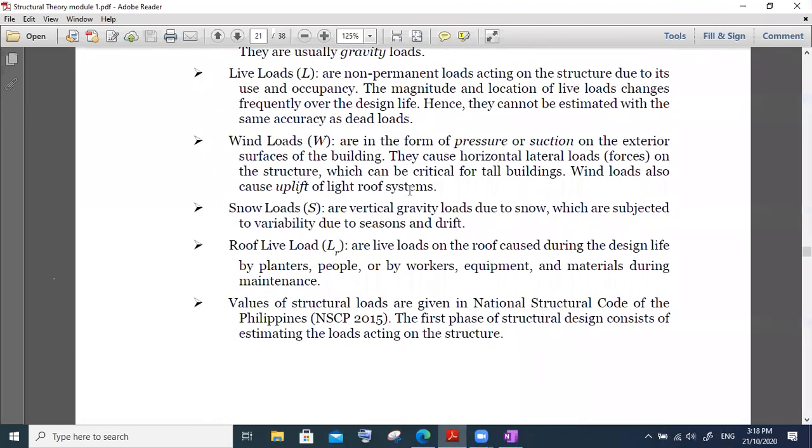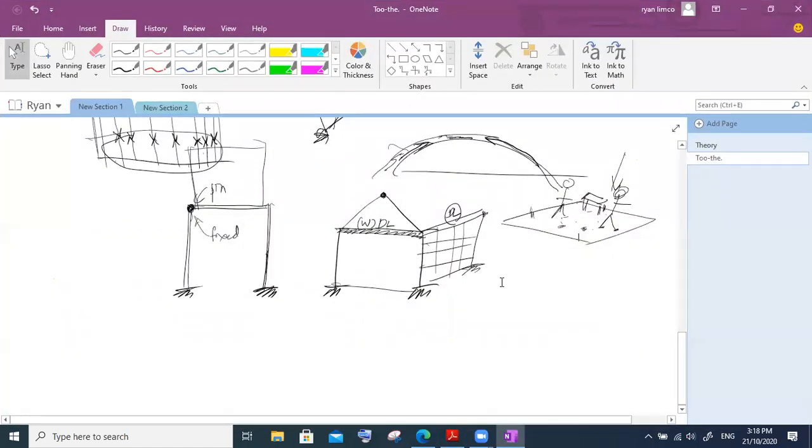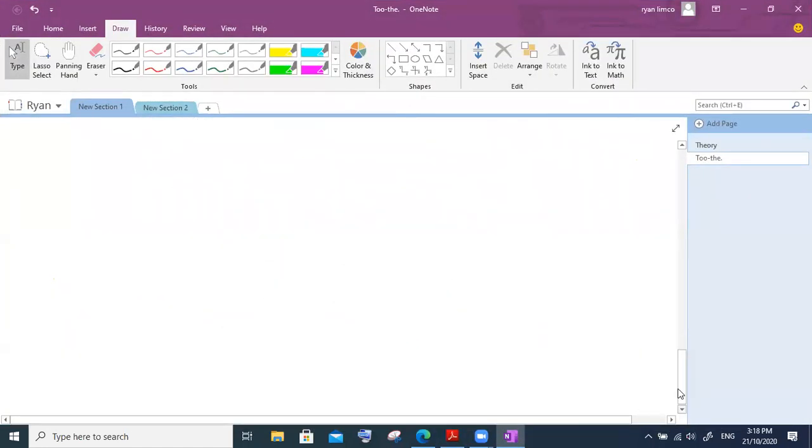Wind loads are in the form of pressure or suction. When we say pressure or suction, halimbawa, this is your structure. Ito yung part na to kung saan umiihip yung hangin ay tinatawag nating windward side. And this part here sa kabila, tinatawag nating leeward side.